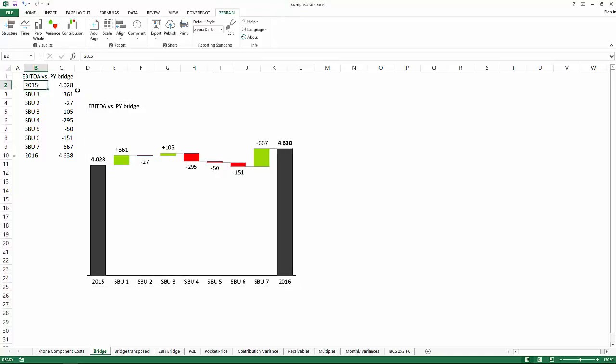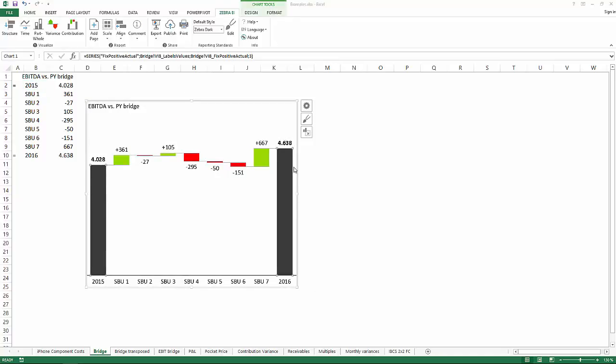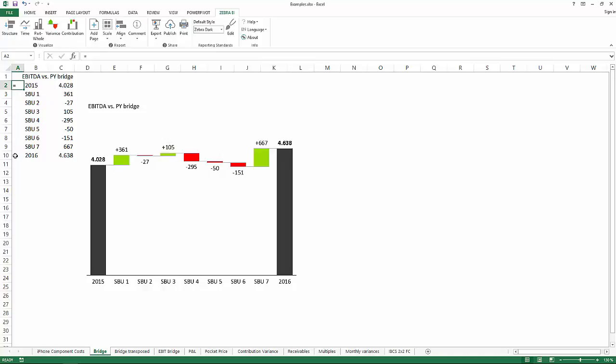The only thing you need to do is specify the fixed columns. My opening balance or my EBITDA here has the equal sign, and then I have business units. These are now actually variances. You have to calculate the variance for business unit 1: actual minus previous year, and then you put it here.